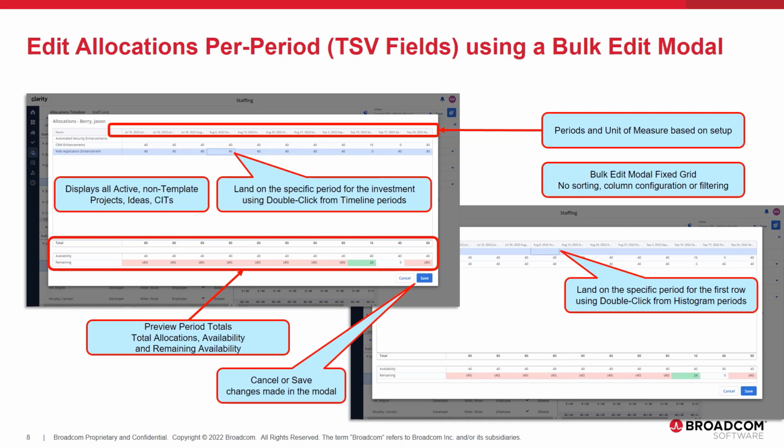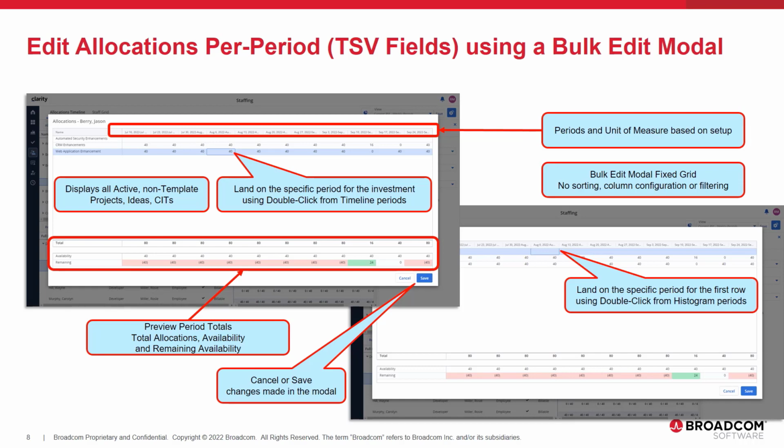The list displays all active, non-template projects, ideas, and custom investments. It does not include inactive investments, template investments, and classic NPIO investments. The Resource Manager can edit the allocations and immediately see the impact of the changes before making a commitment to save the data.